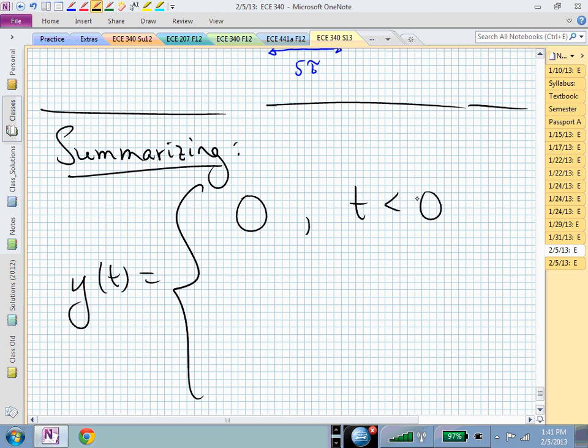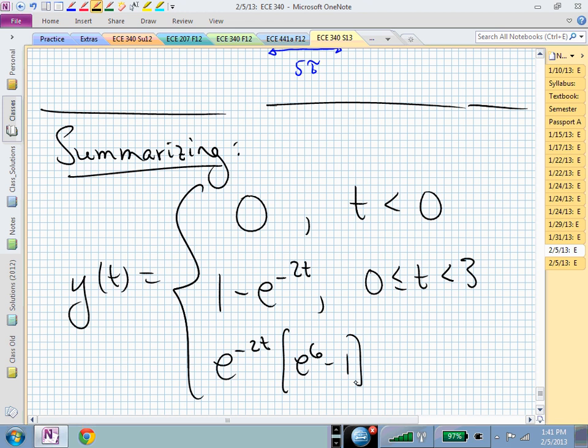That's when t is less than 0. Then we have a piece that's building up exponentially, 1 minus e to the -2t, and that's occurring between 0 and 3. And then we have a piece that's exponentially decaying, and that's going to happen for t greater than or equal to 3.